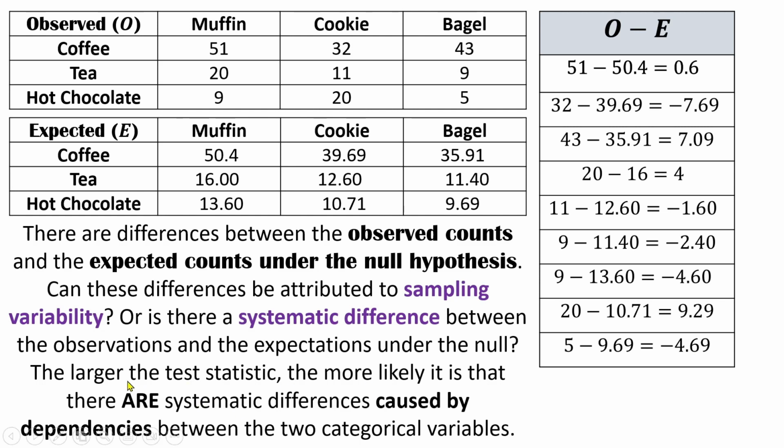The other idea here is that, in the end, we're going to turn these values into a test statistic, a chi-squared statistic. If that chi-squared statistic is big, that's a measure of statistical distance between what we observe and what we expect to see under the null. If that statistical difference is big, then we're going to reject the null. If it's small enough, then we're going to fail to reject the null. That's the idea.